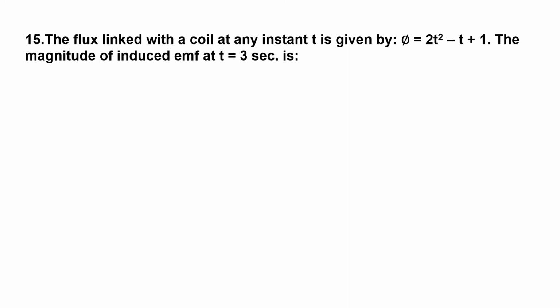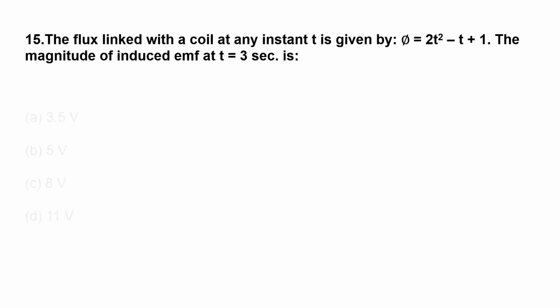15th question. The flux linked with the coil at any instant t is given by phi is equal to 2t square minus t plus 1. The magnitude of induced EMF at t is equal to 3 seconds is.